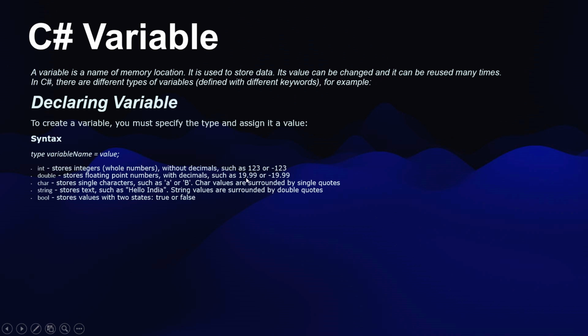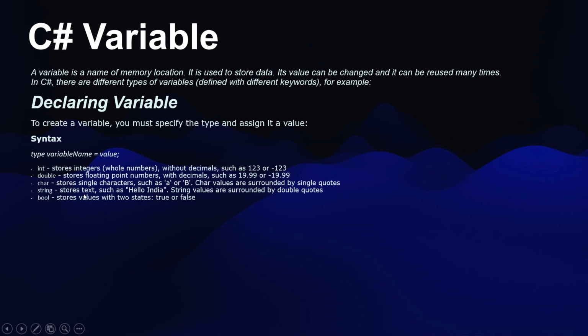If you have any point number like 20.20 or 19.99, this type of data you can store in the double. Next is char, which stores a single character. Char is the data type in which you can store only a single character like A, B, or C.